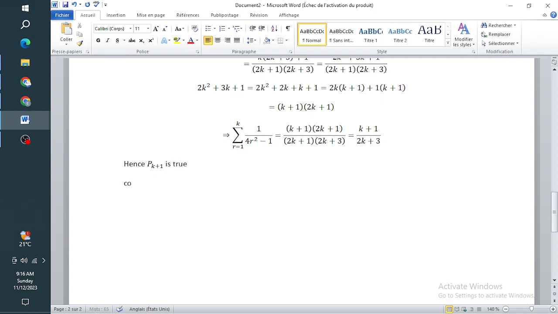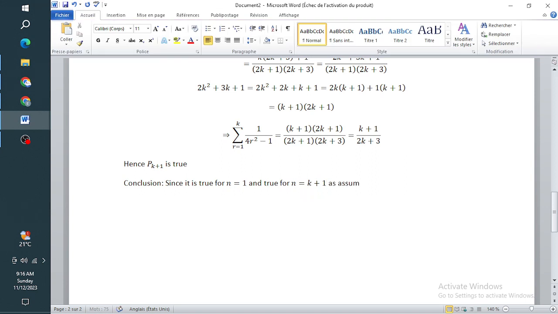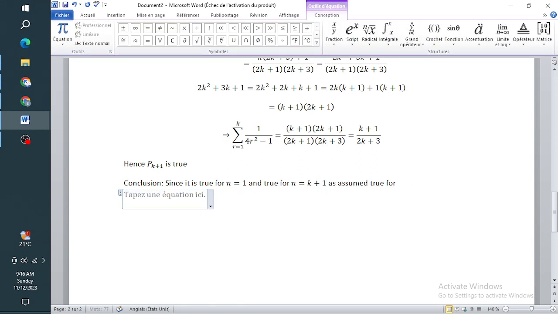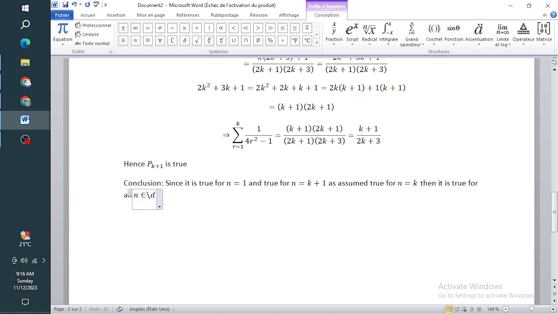Now our conclusion, we have to say, since it is true for n equal to 1 and true for n equal to k plus 1, as assumed true for n equal to k, then it is true for all n in the set of natural numbers or positive integers.